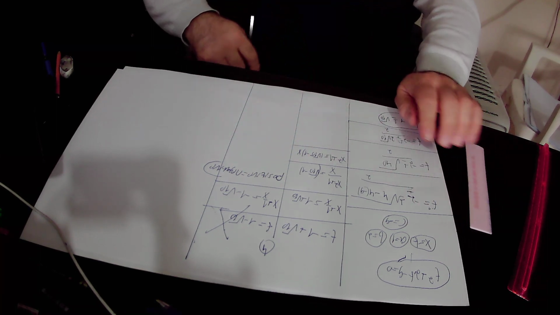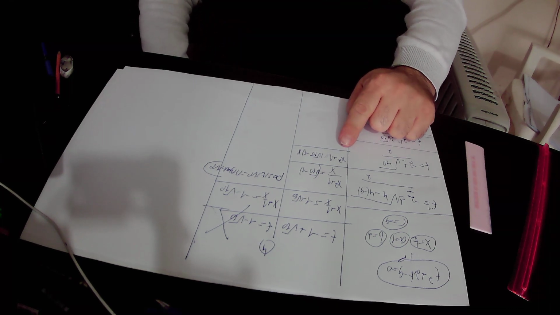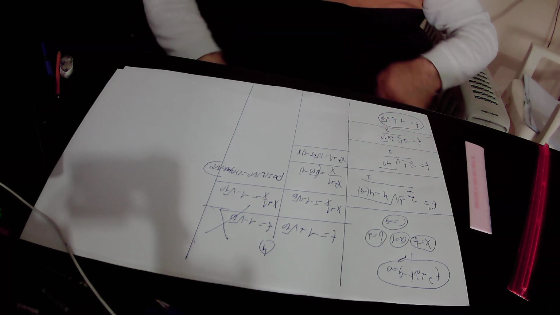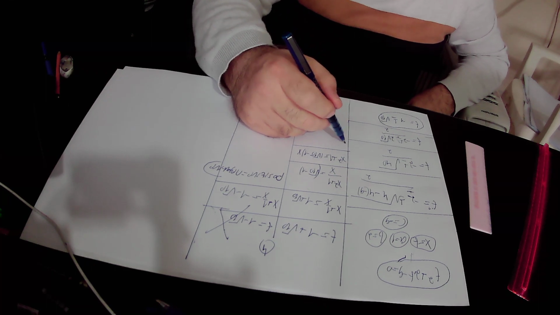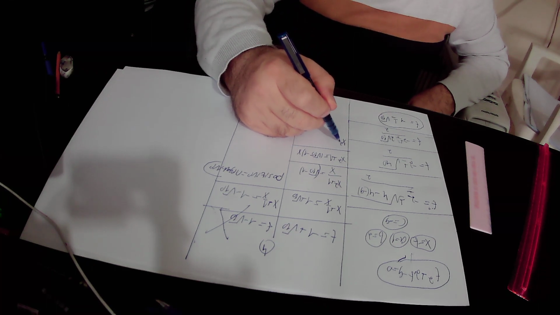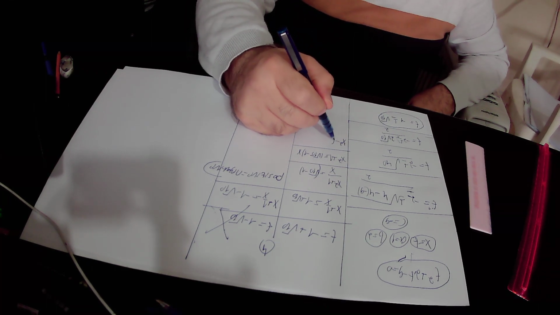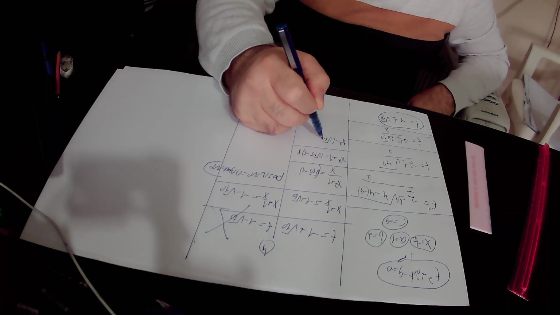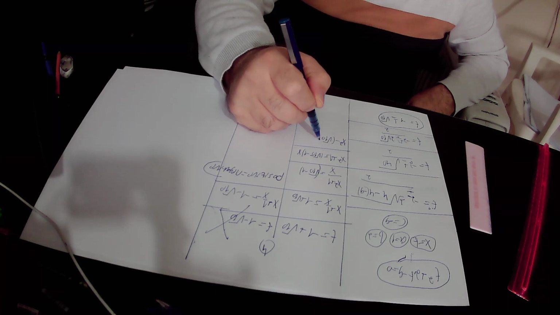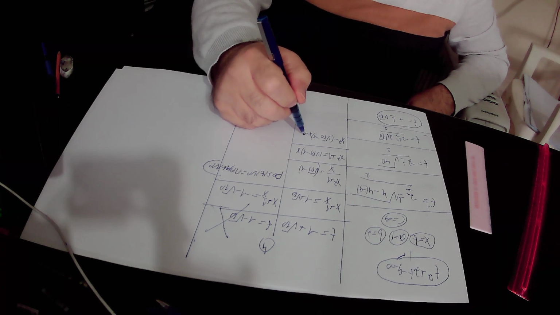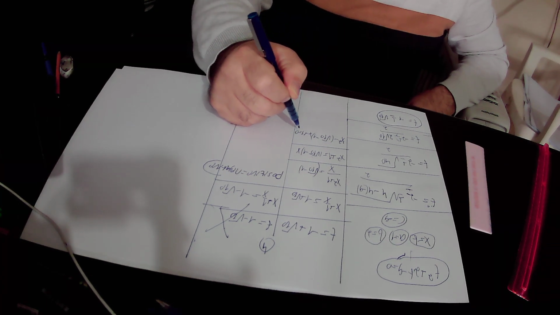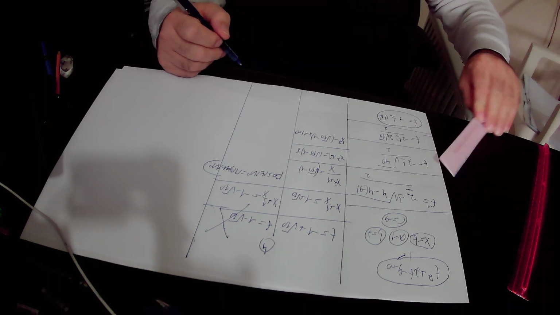Here we will subtract square root of 10 minus 1 times x from the equation, and we will get x squared minus square root of 10 minus 1 times x plus 1 equals 0. So we have here a quadratic equation.